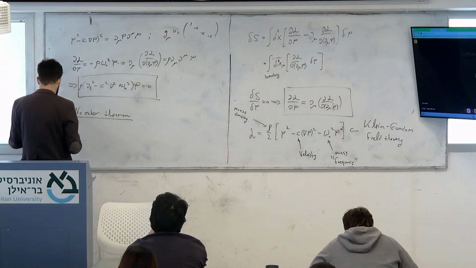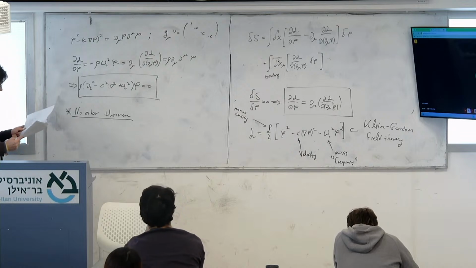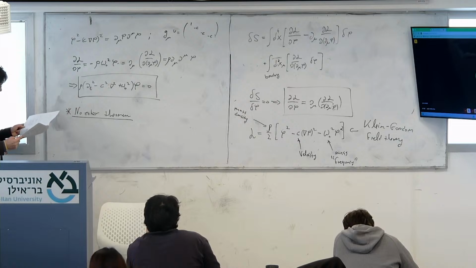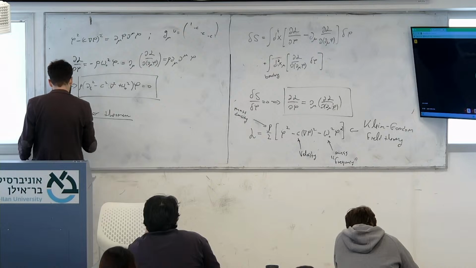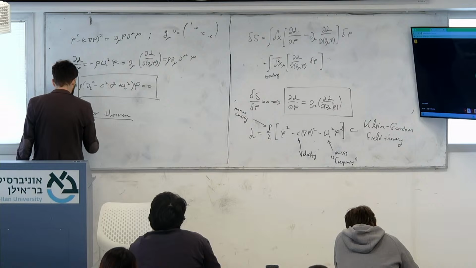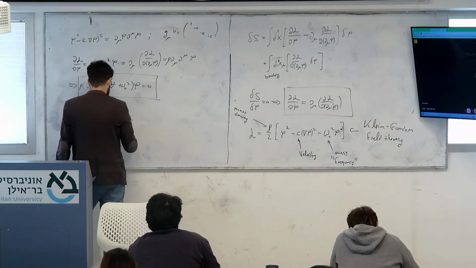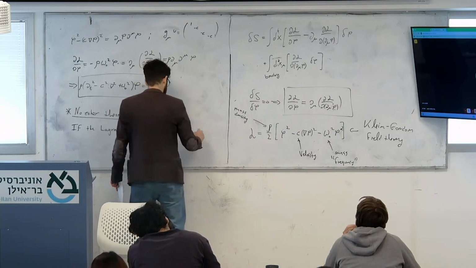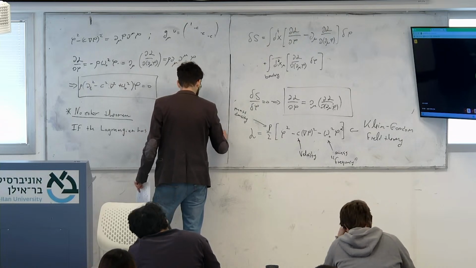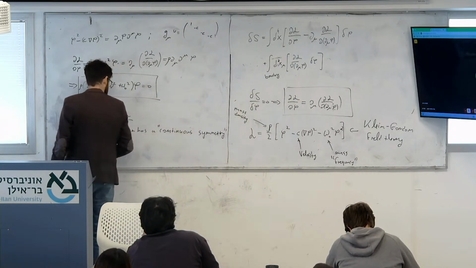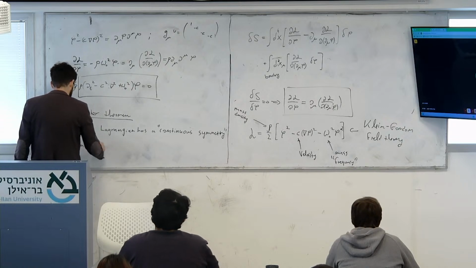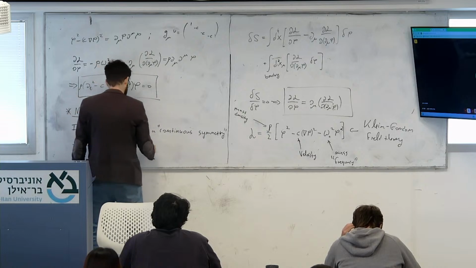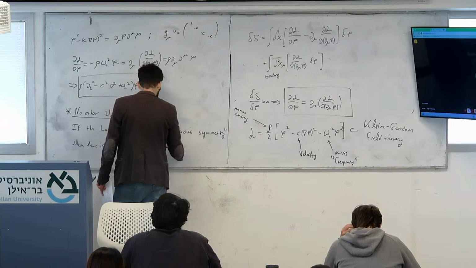Yeah, so if the Lagrangian has a continuous symmetry, okay, and I'll explain in a moment what that means, then there is an associated conserved four-current.